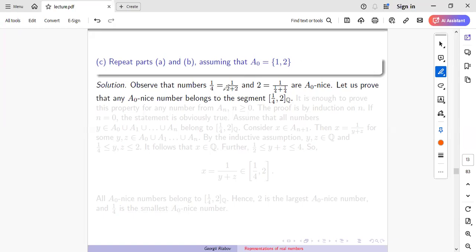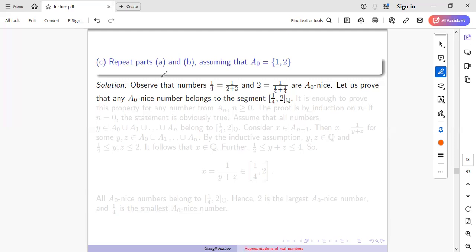Indeed. Now, if we take 1 over 4 and consider 1 over 4 plus 1 over 4, we will get 1 over 2, whose reciprocal is 2. So we can make a suggestion that the smallest nice number is 1 over 4, and the largest is 2.